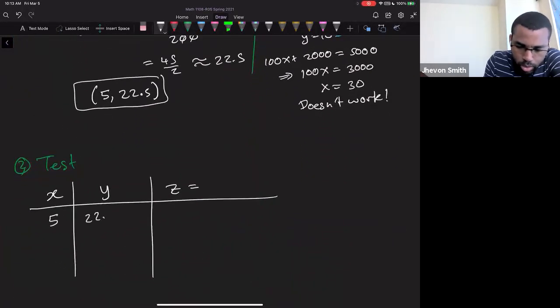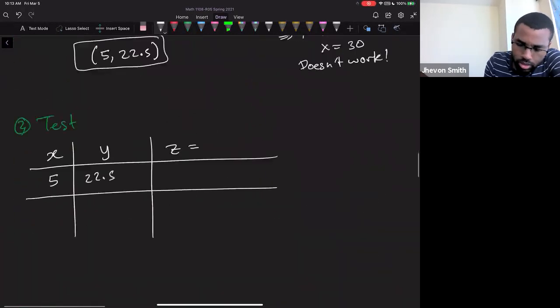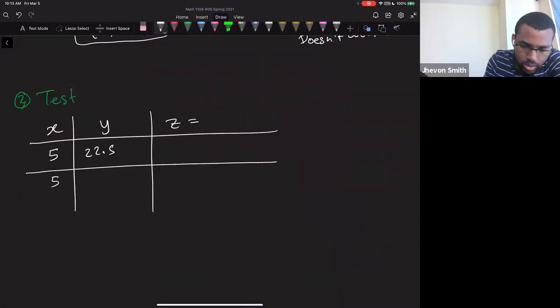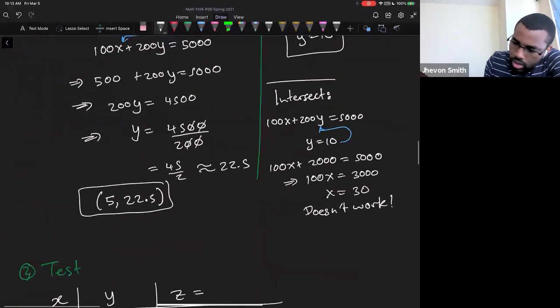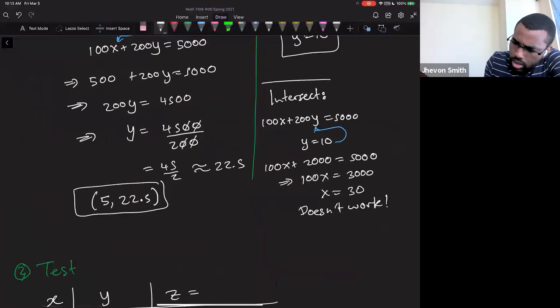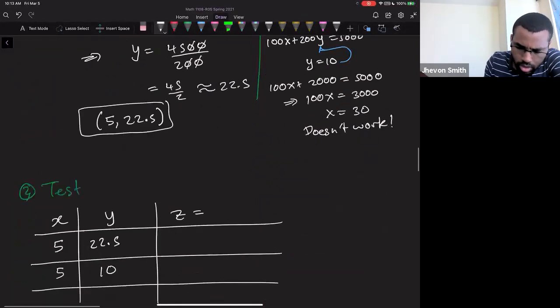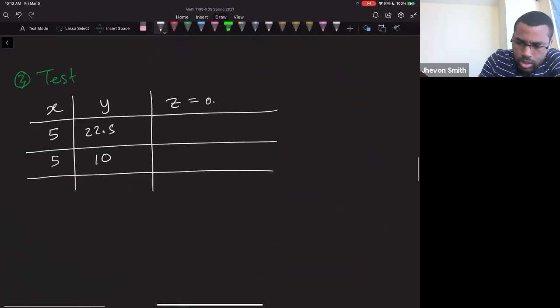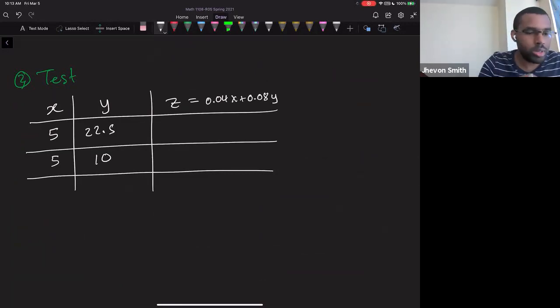Five and 22.5, 5 and 10. And that's the only one that's relevant. Here we have 0.4x plus 0.08y. And we want to plug this in.